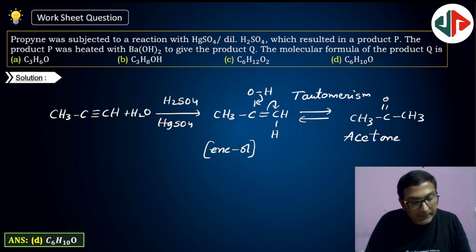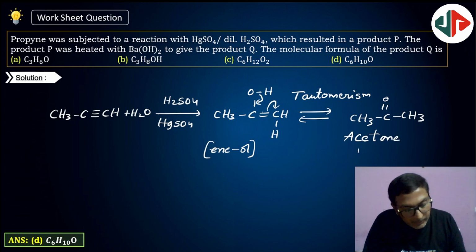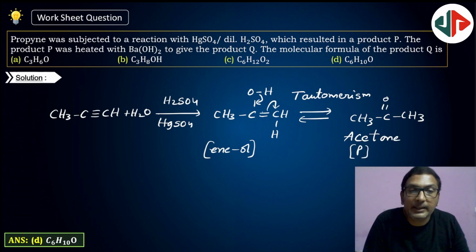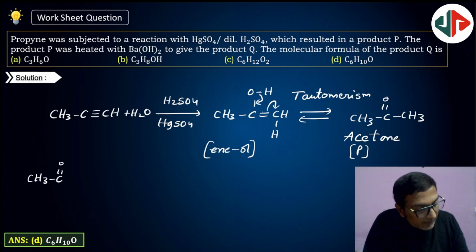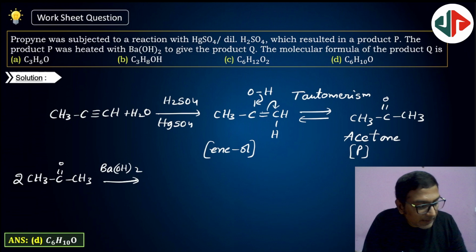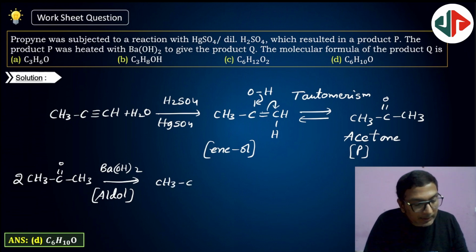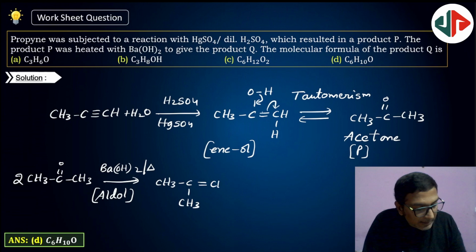So next reaction, the resulting compound is P. Here it is given P. Next, P with Ba(OH)2, which is aldol condensation. Take 2 moles, Ba(OH)2, aldol condensation. It gives the final compound, followed by heating: double bond CH CO CH3.